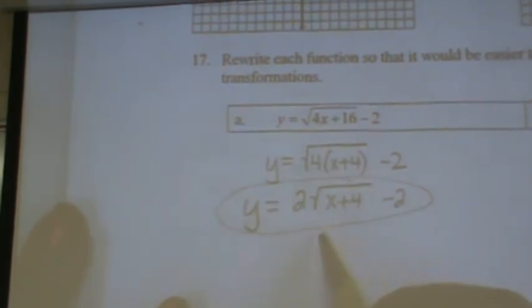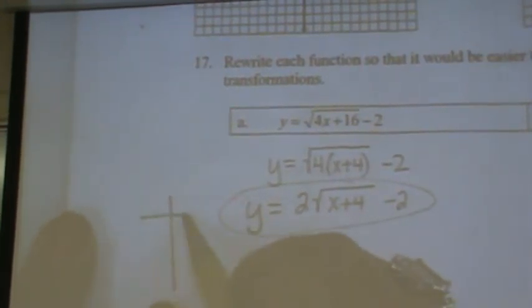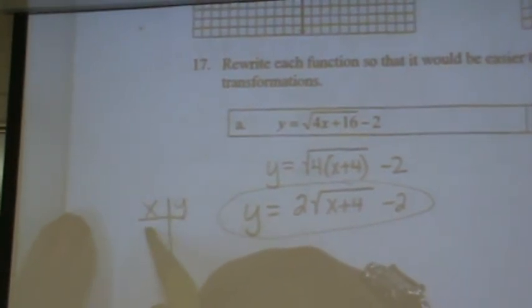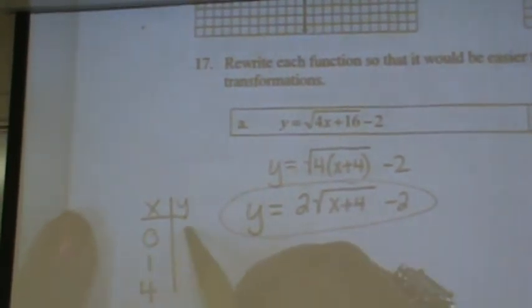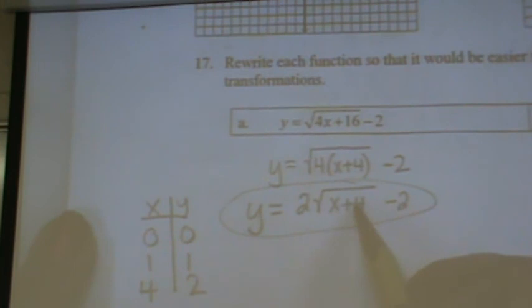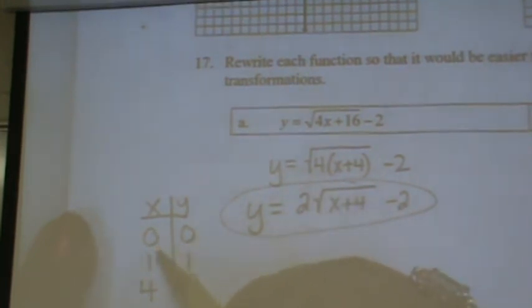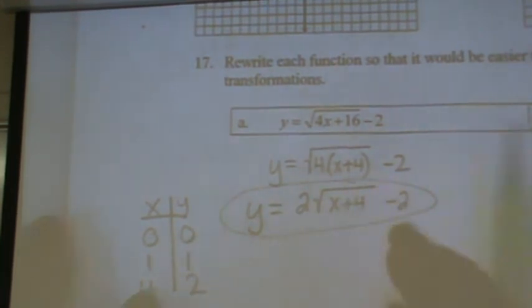If you were to graph it, your 0, 1, 4, you would subtract 4 from x, multiply the y's by 2, and then subtract 2 from y. These two affect the y, the inside stuff affects the x.